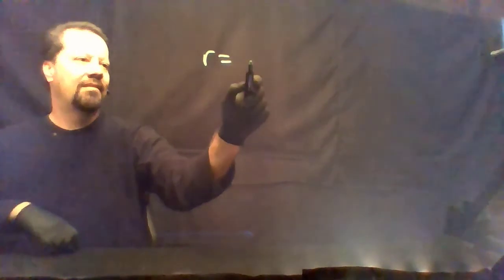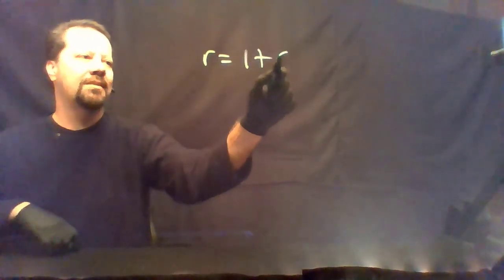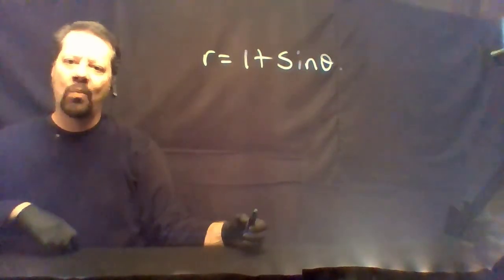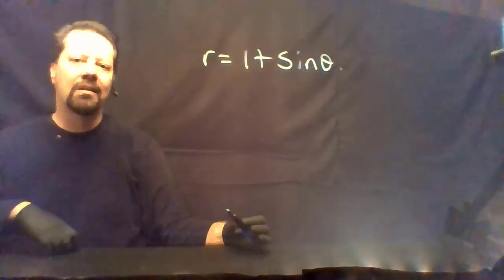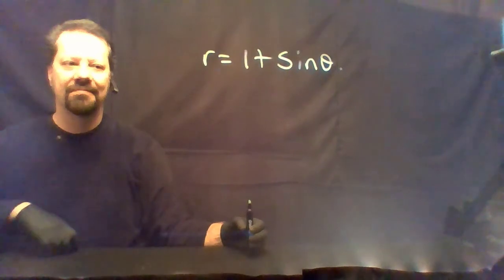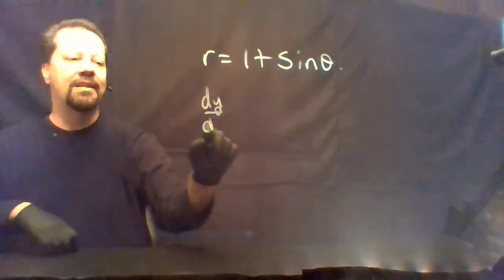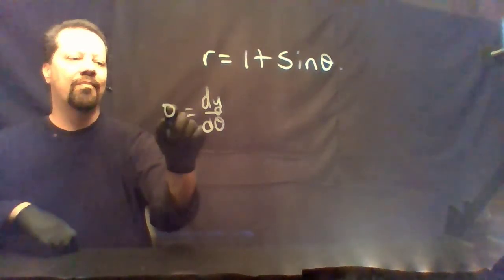Let's look at r equals 1 plus sine theta, and let's find where the vertical and horizontal tangent lines are. For the vertical tangent lines, we require dy d theta equals 0.